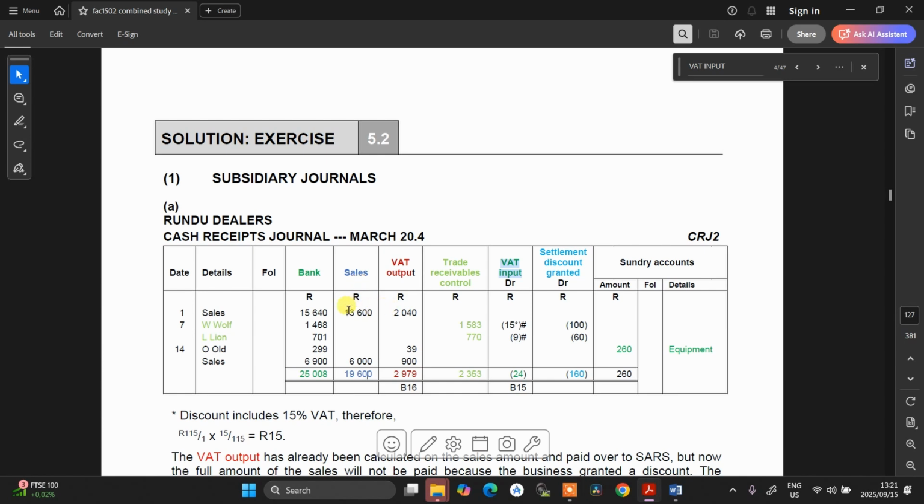The VAT that is applied on this sale has its own column, which we are not given in that question. So we are supposed to calculate this from this. Okay. And we were also given the VAT input column, which is where they record the settlement discount granted. So you have 1, 2, but you don't have this one here.